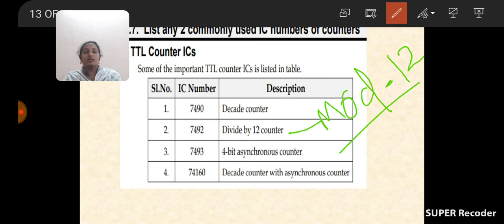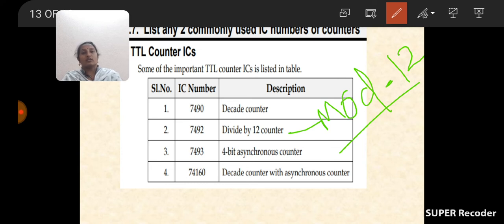Mod counters are indicated with divide by n counters. The 7492 IC is able to produce a divide by 12 counter, that is a mod 12 counter.